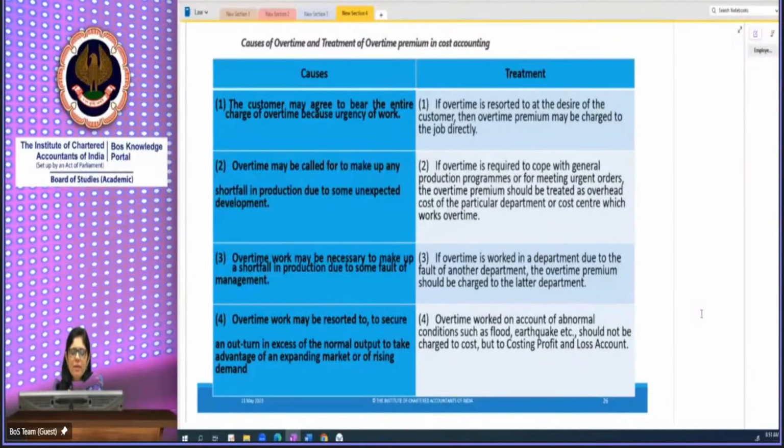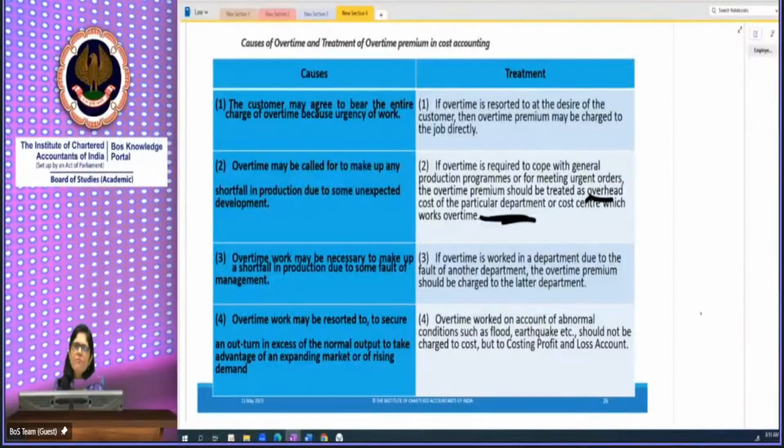But if overtime is called for because of any shortfall in production, or we have some urgent orders and generally have to work overtime, then it will be charged as overhead to that particular department. There are some charges of the department also.